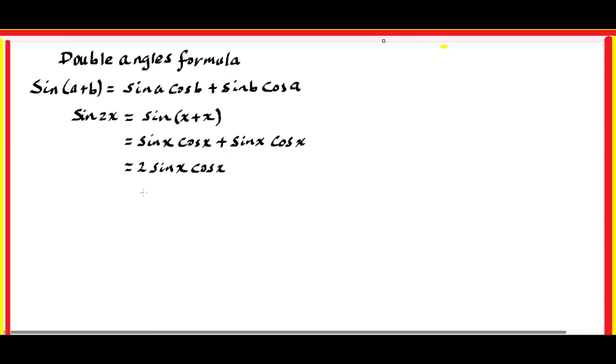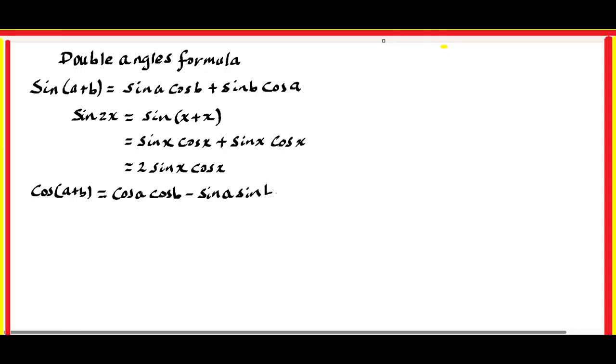The other trigonometric identity we have seen before in our series is the cosine of (a plus b). We proved that cosine of (a plus b) equals cos a cos b minus sine a sine b.